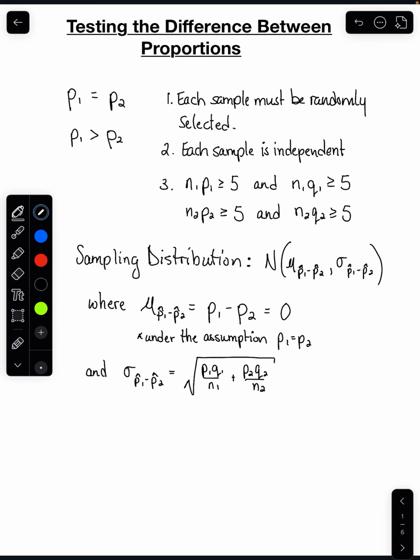However, in order to get the standard deviation of our sampling distribution, we do need to know a value for P sub 1 and a value for P sub 2. And those values are impossible to know, but they can both be estimated by doing what's called the weighted pooled proportion.